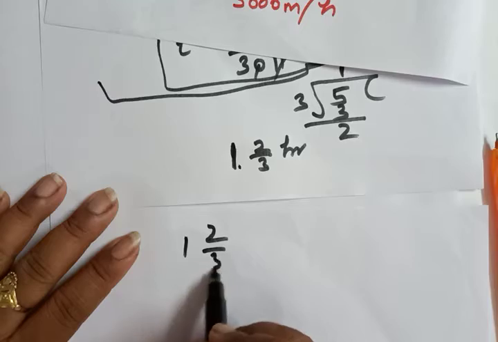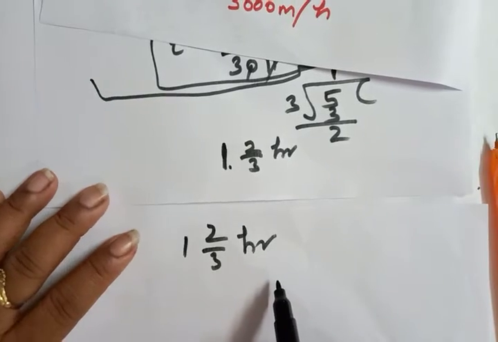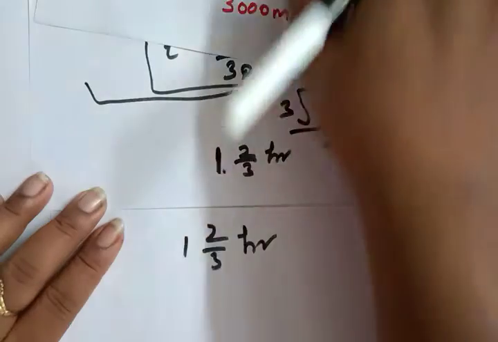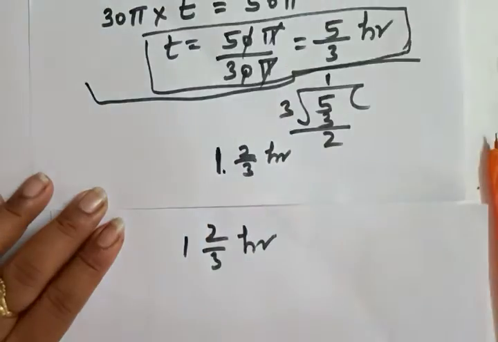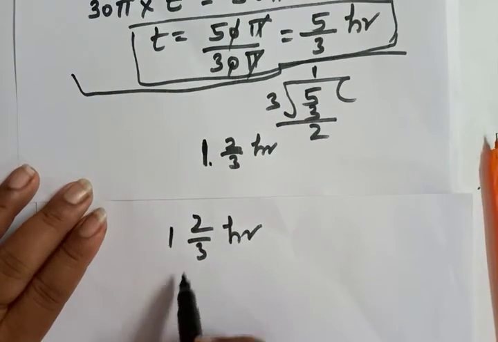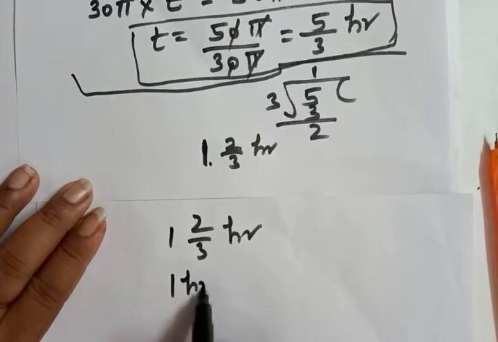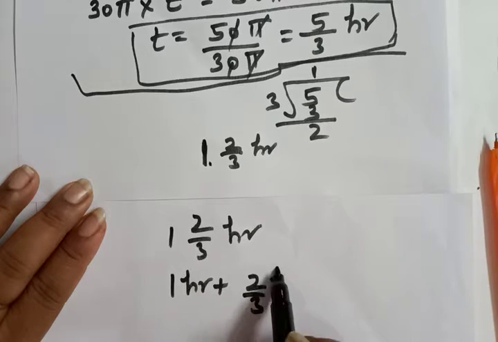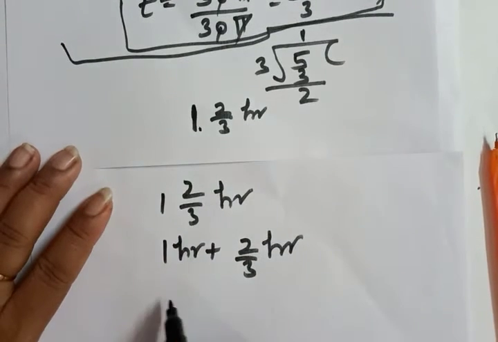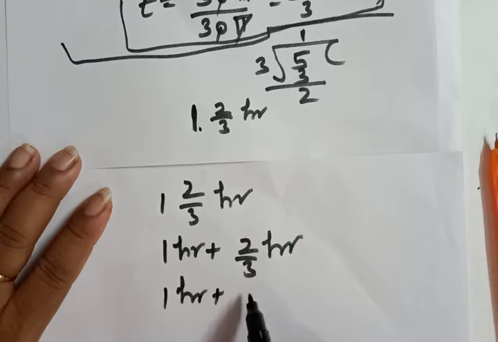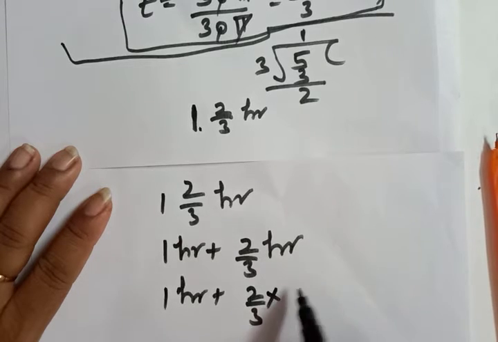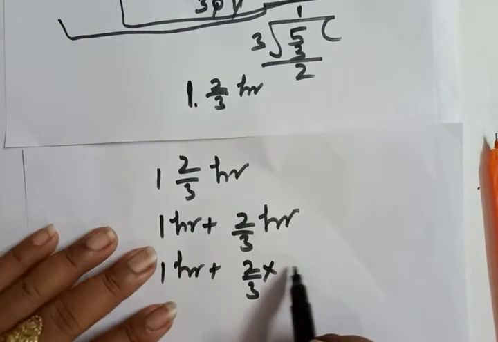Now we need to convert 1 2/3 hour into minutes. How can we convert this? 1 hour plus 2/3 hour, we just convert into minutes.